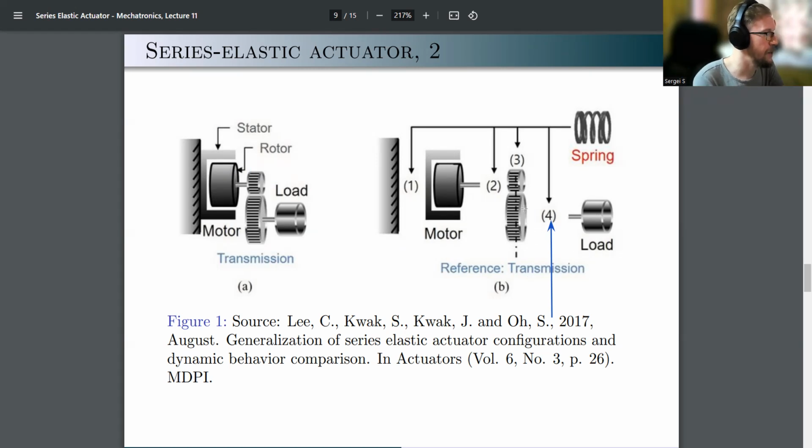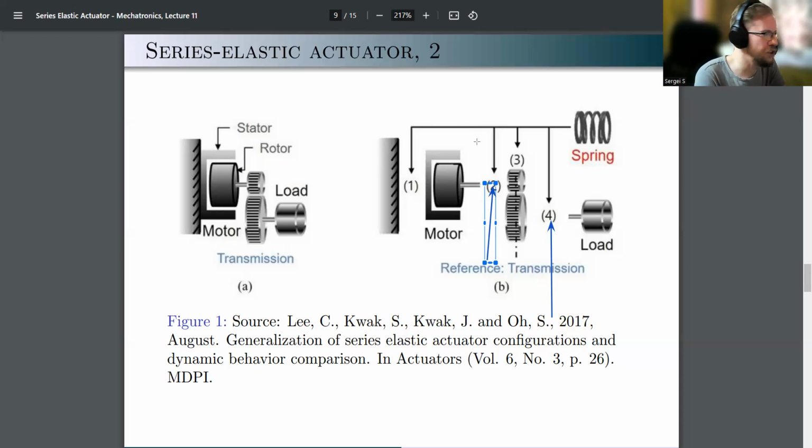We could also put it here, for example, between the electrical motor and the gearbox. That would not protect the gearbox from the collision, but it would protect the motor from the collision. So if the motor is your concern, then sure.